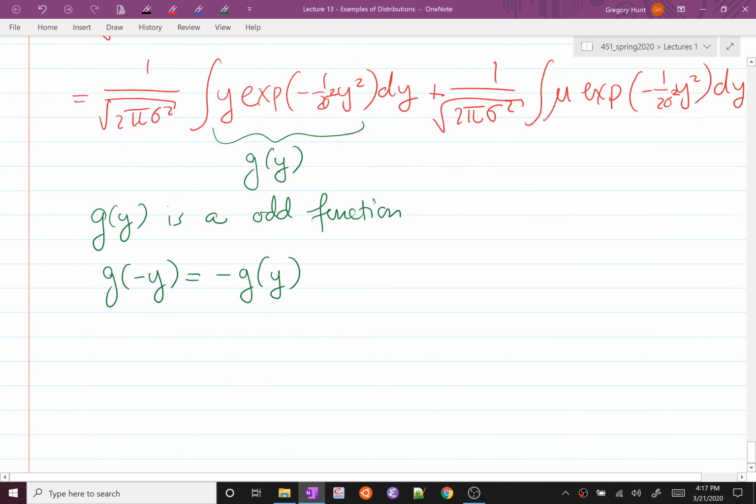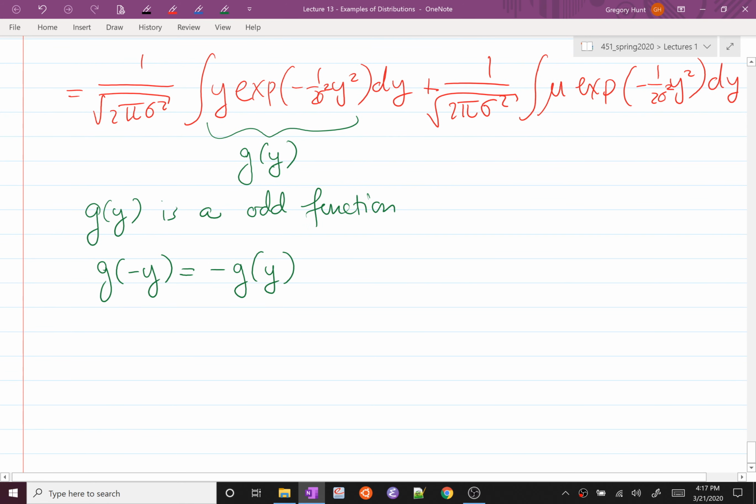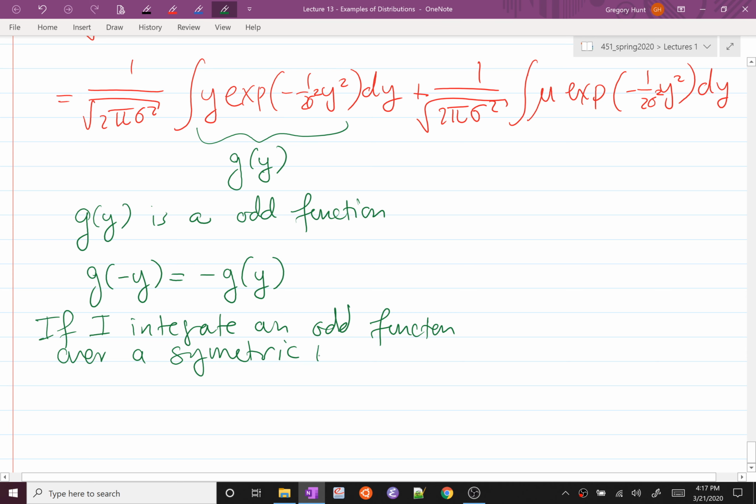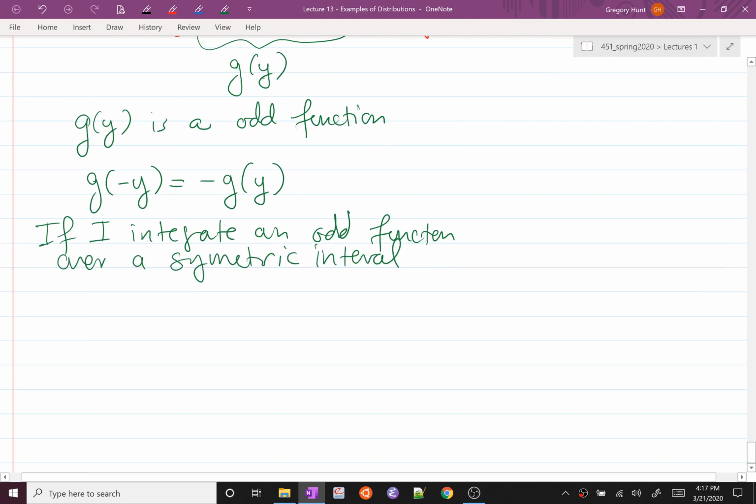And we know that if I integrate an odd function over a symmetric interval, right? An odd function, of course, looks something like this. This is a pretty typical odd function where it has this kind of symmetry over the axis here. If I integrate an odd function, the areas cancel.